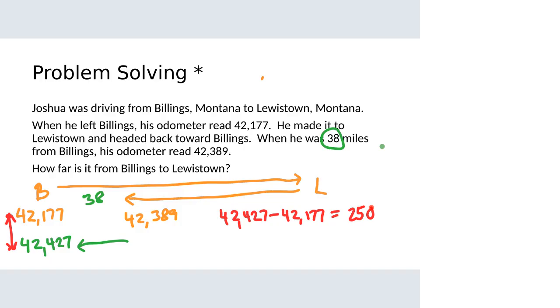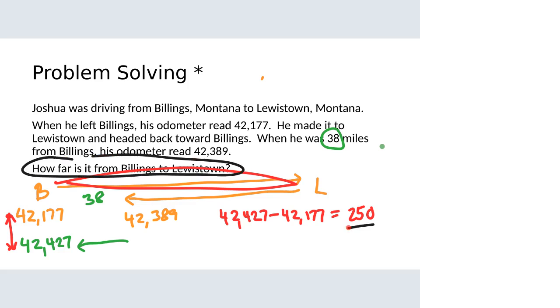But what that gives us is the round trip distance, Billings to Lewistown and back. What we want is just how far is it from Billings to Lewistown, just one direction. So we'll cut that in half and find out that it's 125 miles from Billings to Lewistown. Let me know if you have any questions, if that explanation didn't clear that one up for you.